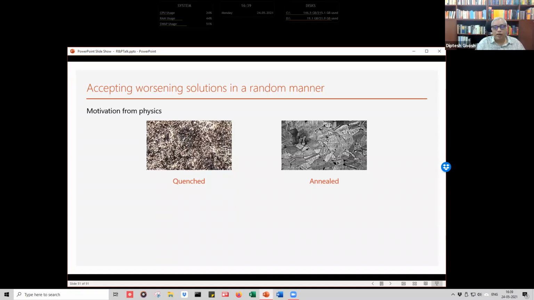Now, as you cool down the metal, the amount of energy required to break the lattice and reform the lattice is not available as the temperature goes down fast, right? So if you're quenching, which means that your temperature is going down fast, then the first time you create a crystal structure, that is the structure that remains.